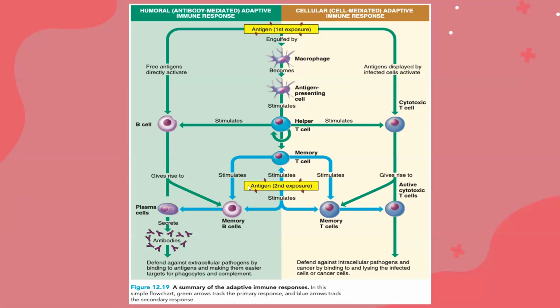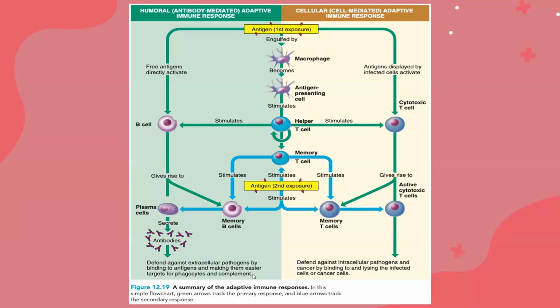Okay? Second exposure na. The B cells will give rise to the plasma cells and memory B cells, like we talked about in the clonal selection of B cells, while the cytotoxic T cells will become activated to defend against intracellular pathogens. Okay? B cells mostly for extracellular pathogens.